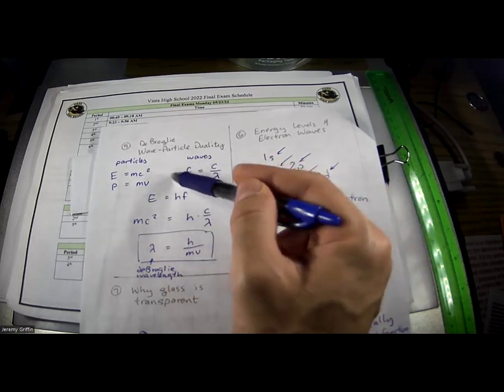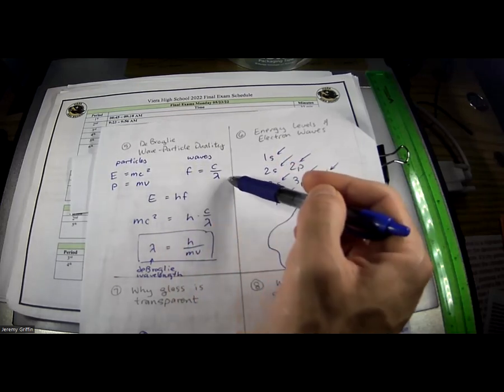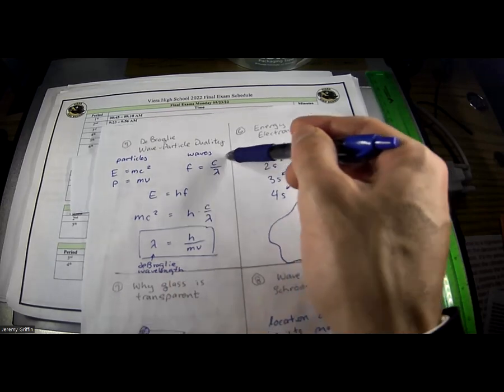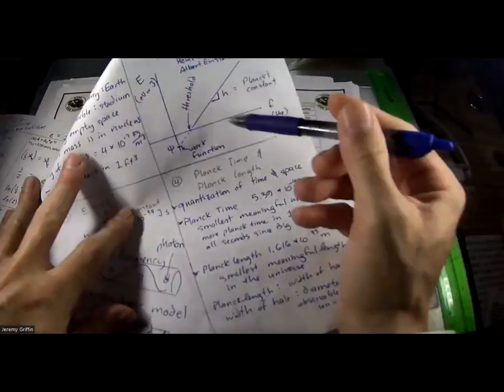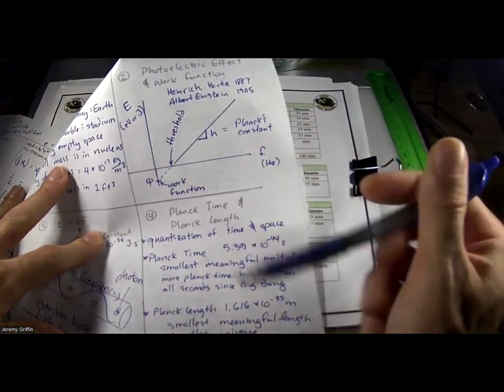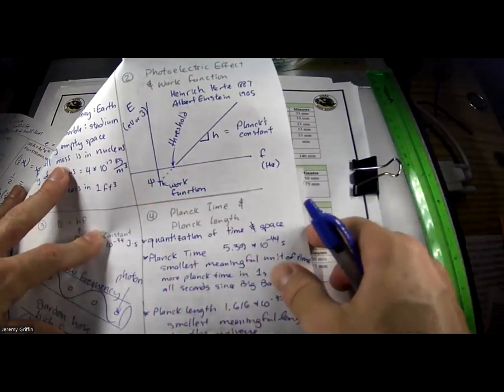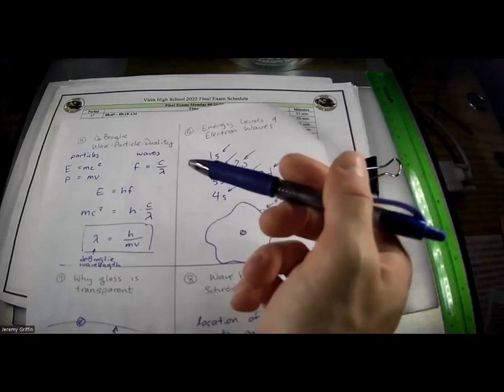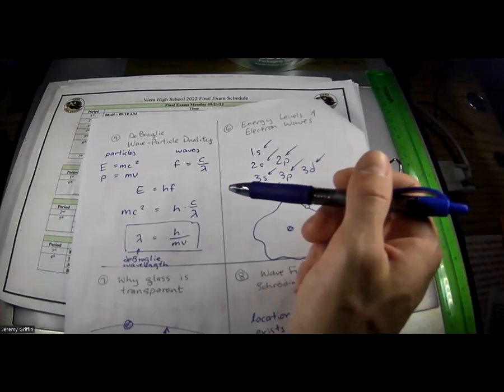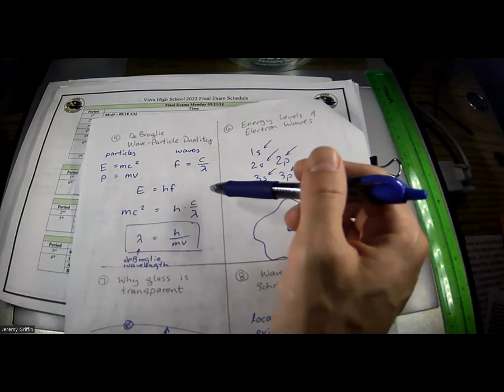We got this wave equation: frequency is speed divided by wavelength, and I have the speed of light here for electromagnetic waves. There's also this new formula that popped up, E equals hf, which is basically this right here, minus this work function y-intercept. So he says, "Huh, I wonder if I can combine these formulas and get something different out of this."